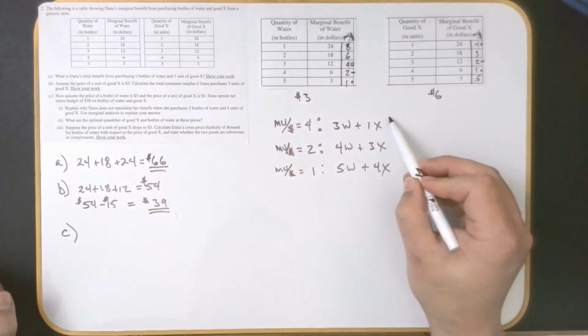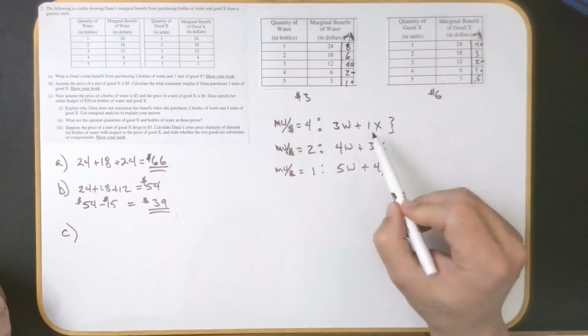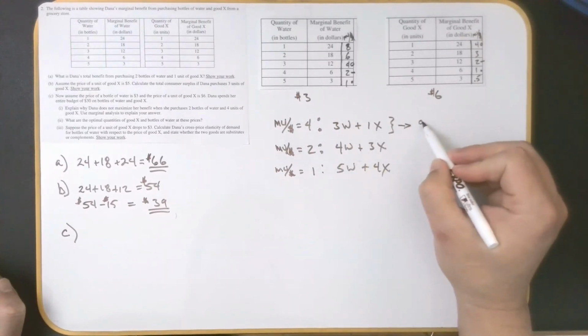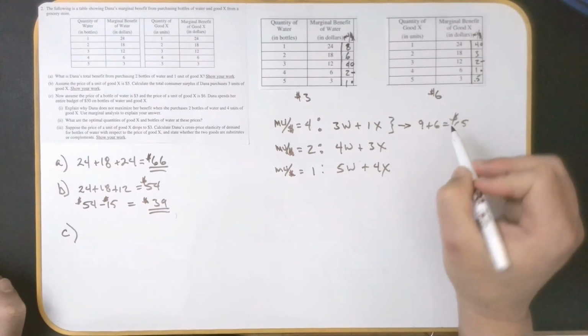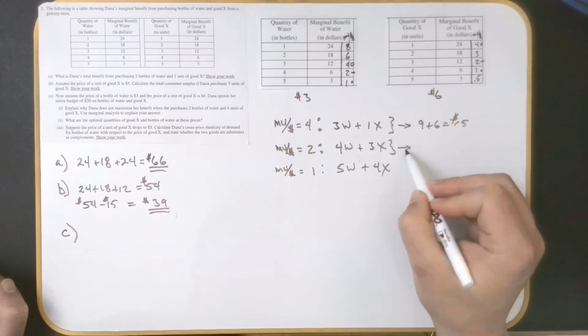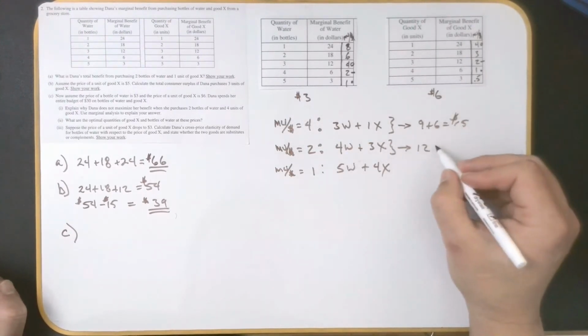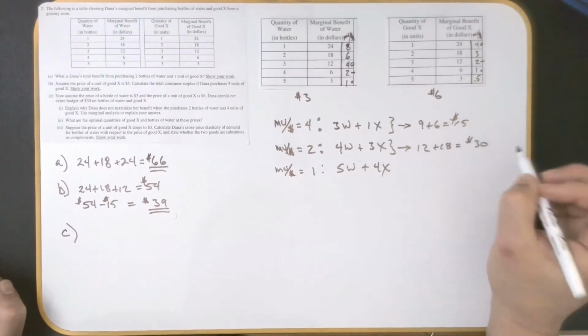Now we're going to say, well, what did that cost? These were $3 and these were $6. So in this situation, 9 plus 6 equals $15. This one, 4 times 3 is 12, 3 times 6 is 18, and that equals $30.